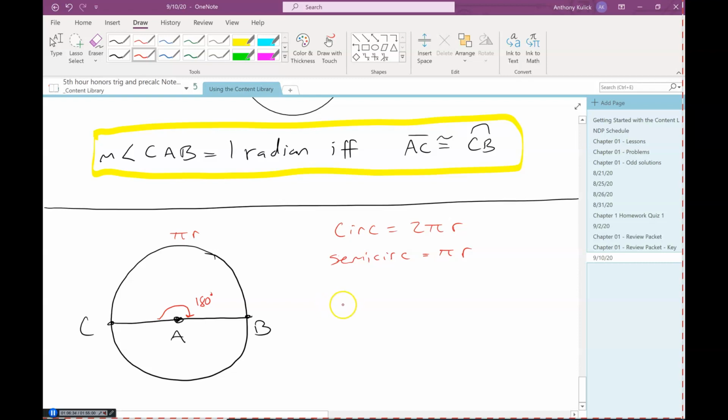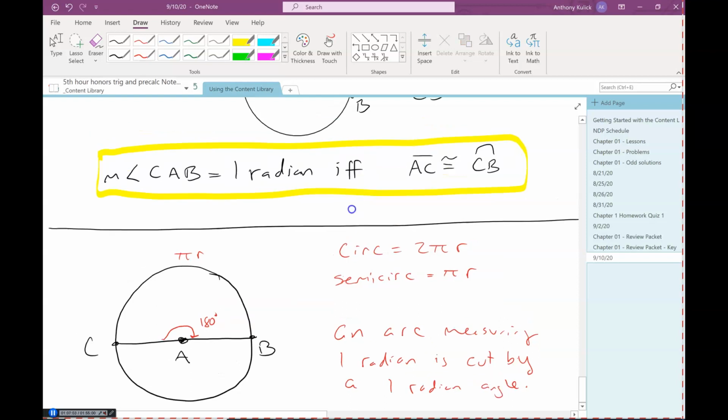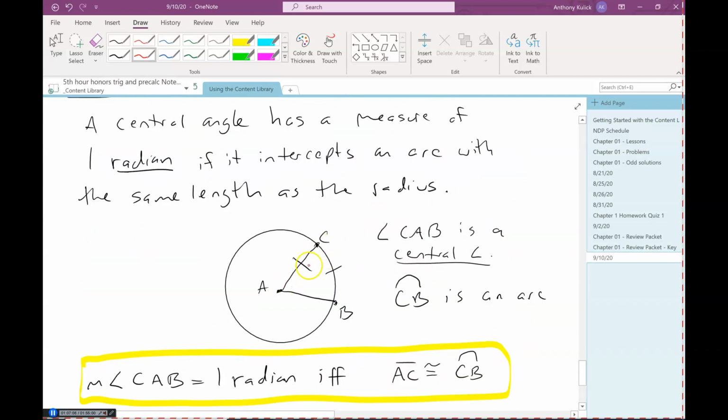So I know that an arc measuring 1 radian is cut by a 1 radian angle. Right? That's what we said our definition was, that this is 1 radian if these two things are equal.